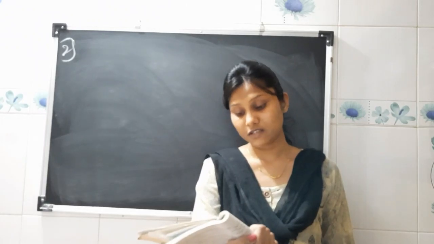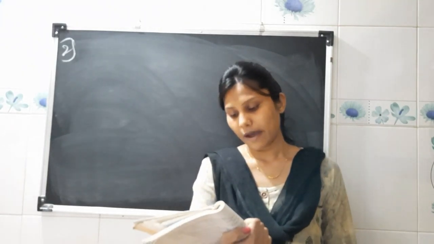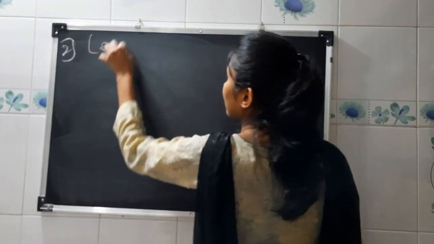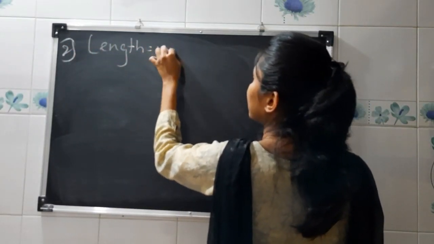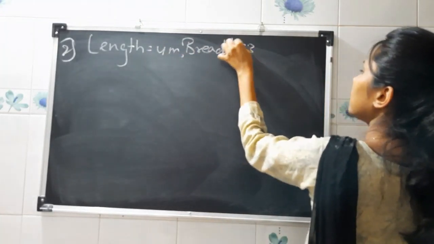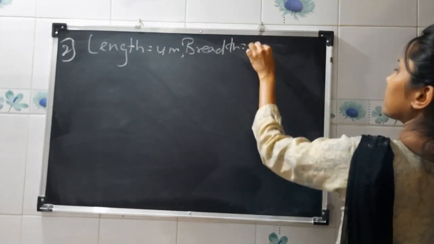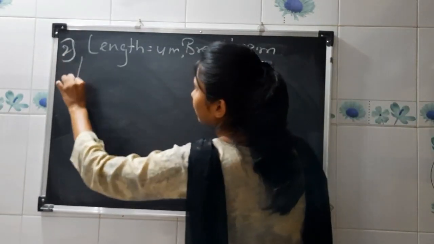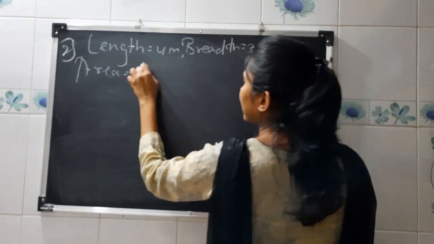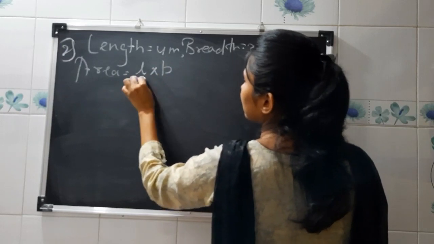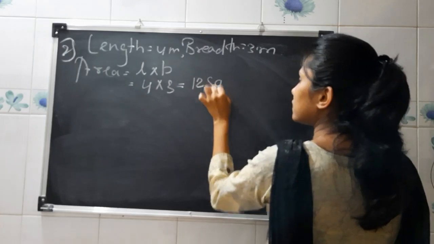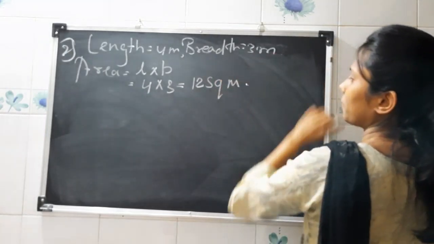A wall that is 4 meters long and 3 meters wide means the length of the wall is 4 meters and breadth is 3 meters. So first we have to find out the area, length into breadth, that is 4 into 3, 12 square meter.